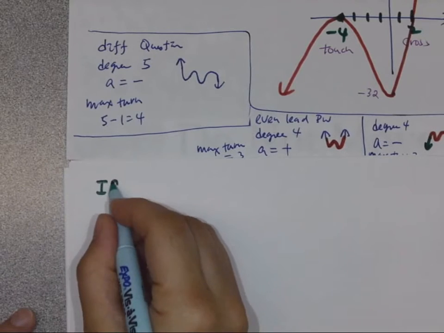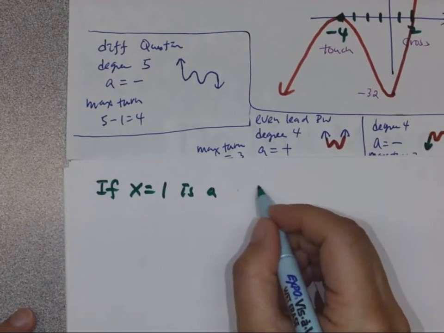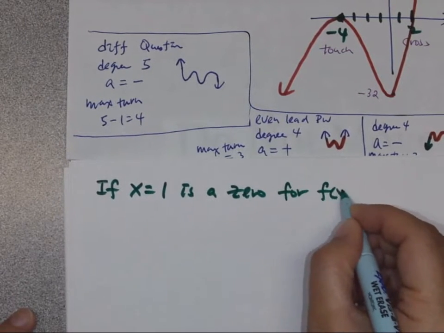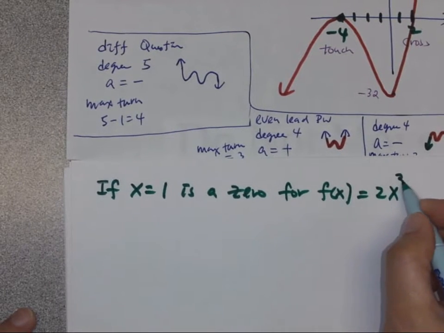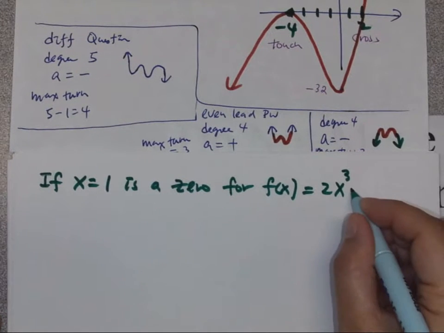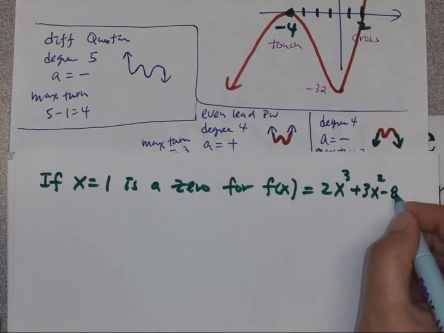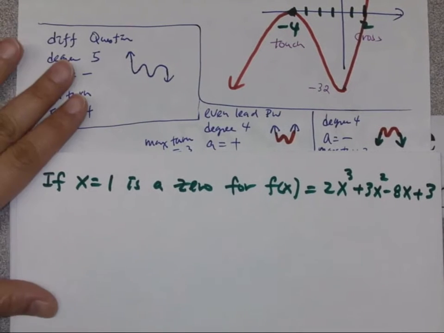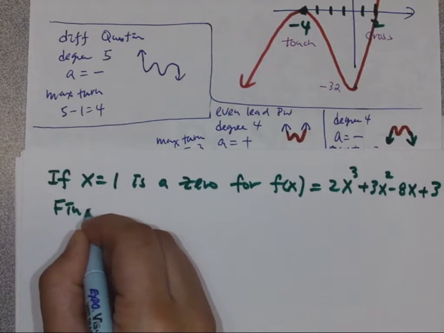We'll say if x equal to 1 is a root of 0 for the function 2x cubed plus 3x squared minus 8x plus 3, and we want to be able to find all zeros.